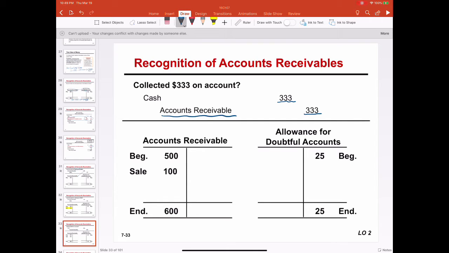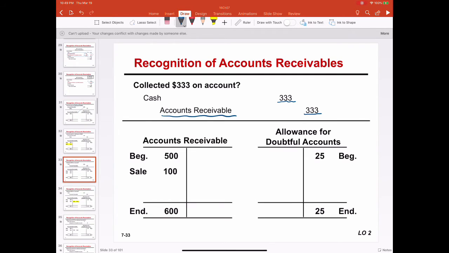Because we credit accounts receivable in this transaction, we will see the credit posted to the accounts receivable account. This will decrease the balance of accounts receivable to $267. So these are two journal entries we introduced in the prior chapters.